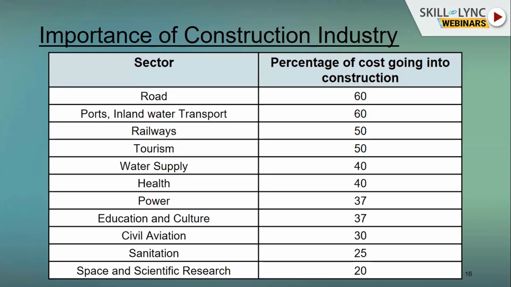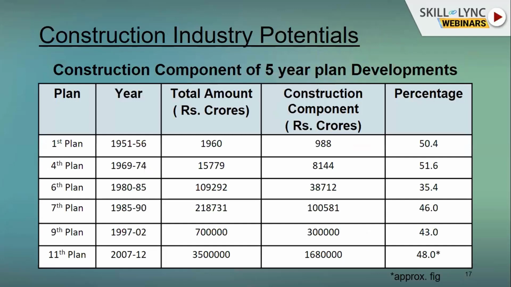These are some percentages of different civil engineering construction, with reference to the percentage of cost going into construction. For example, for roads, 60 percent of the road construction cost is going on. Here I have mentioned, for every 5-year plan, the total amount, the construction component and the percentage increase.